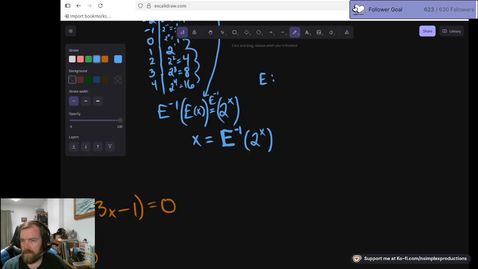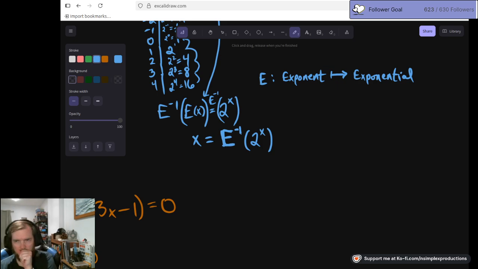So e is something that takes an exponent and then maps it over to an exponential term.